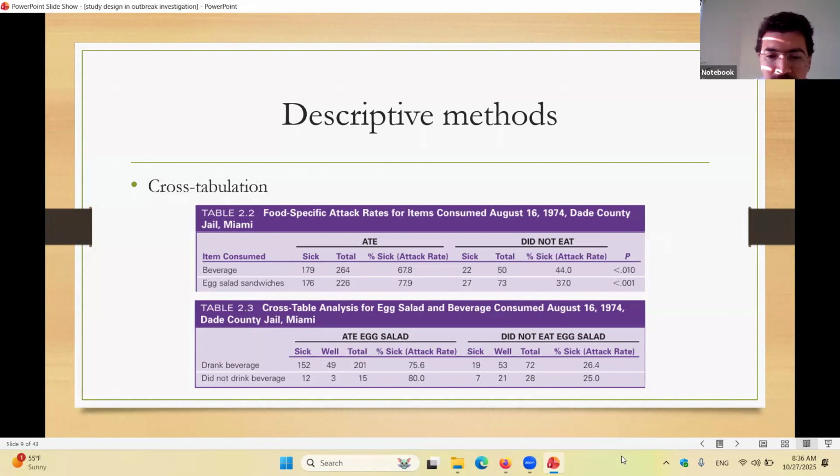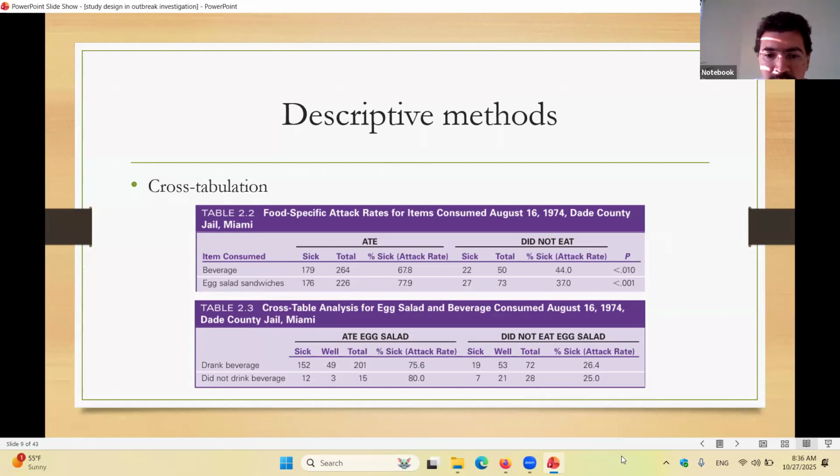But for eating egg salad, there's a significant and meaningful and high magnitude difference between the percentages.